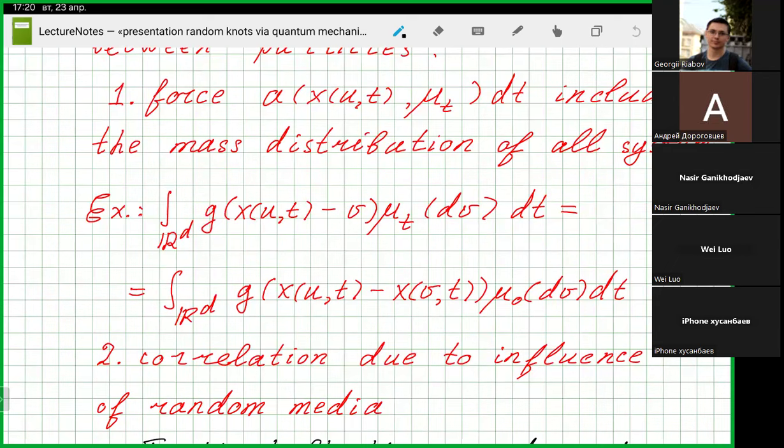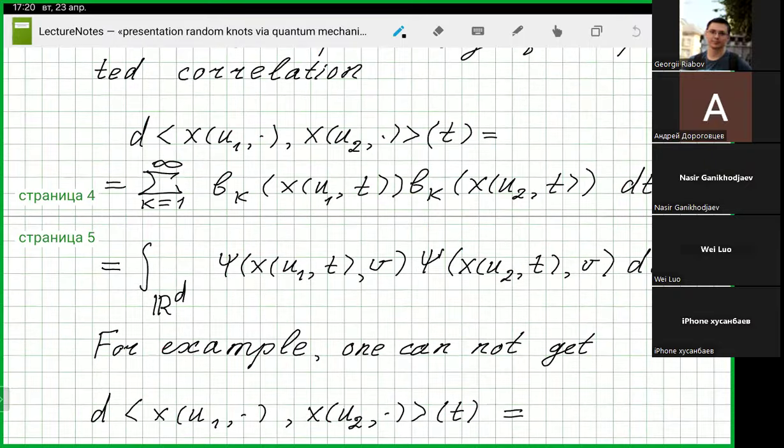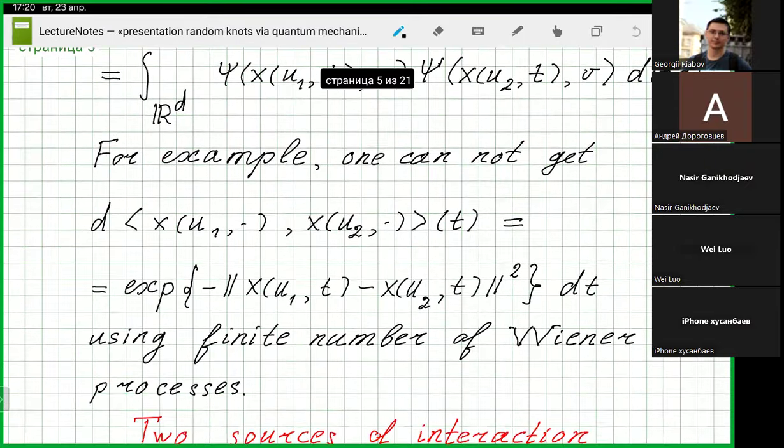And another source of interaction is the correlation due to influence of random media. You see, one can get, for example, the following correlation between the particles. So one can expect that choosing the kernel psi, which is responsible for interaction of our particles with the media, one can get, for example, the following effect.